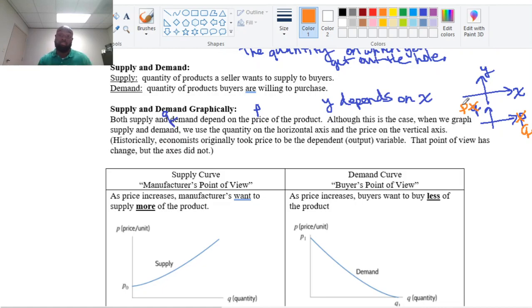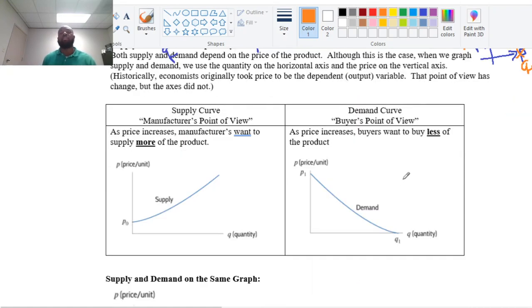But that view has changed, but the graphical convention has not changed, right? We didn't switch the axes when we started thinking about supply and demand depending on price. And so the graphs may look a little non-intuitive, but we will put price on the vertical axis and quantity on the horizontal axis.